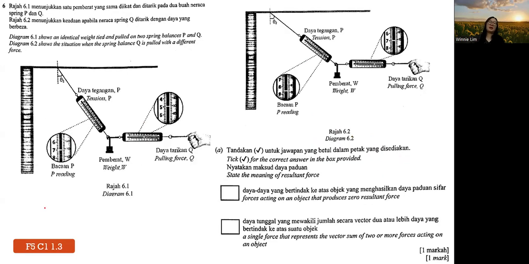Okay, number 6 is another comparison or conceptualization question. Diagram 6.1 shows an identical weight hanging and pulled on by two spring balances P and Q. Diagram 6.2 shows the situation when spring balance Q is pulled with a different force.